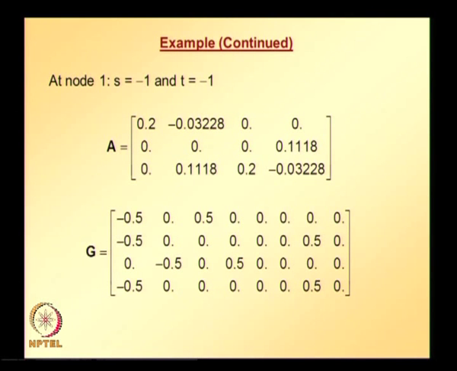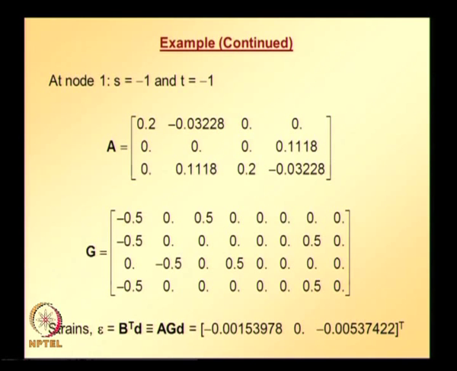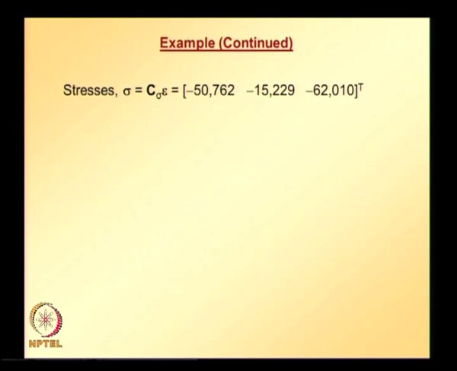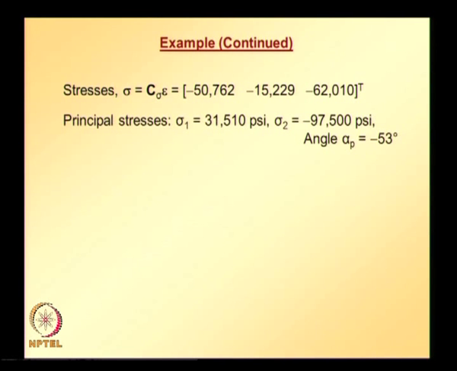Once we have these two matrices, we can easily get the B matrix, and once we know the B matrix we can get the strain, because strain is related to nodal displacements via this B matrix. And once we have the strains we can calculate stresses and then do the rest of the post processing similar to what we did in the last class, like calculating principal stresses and other details.